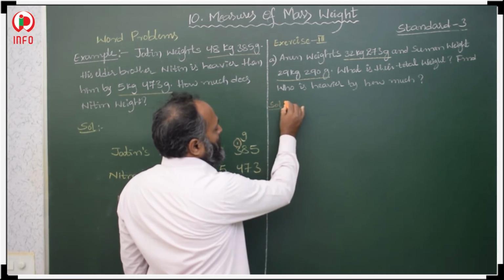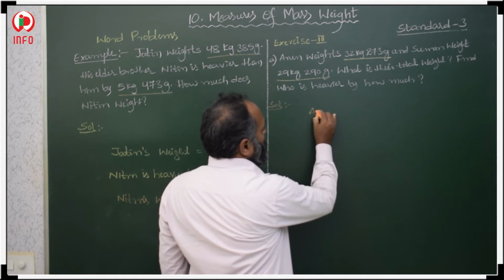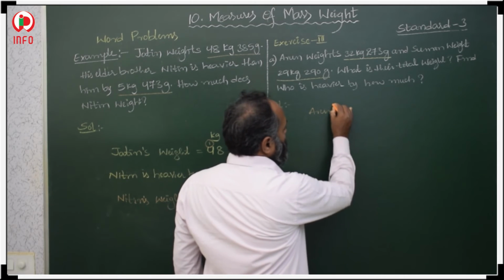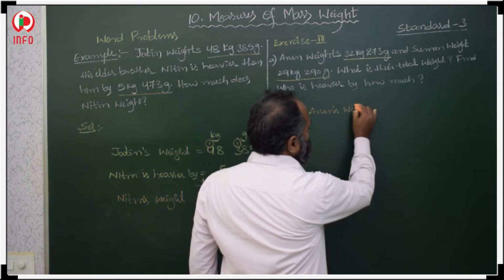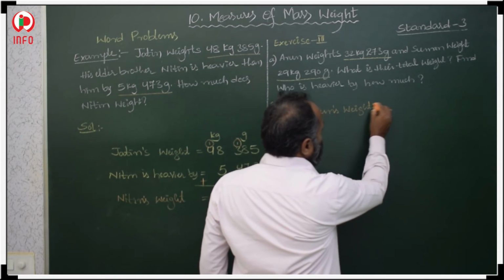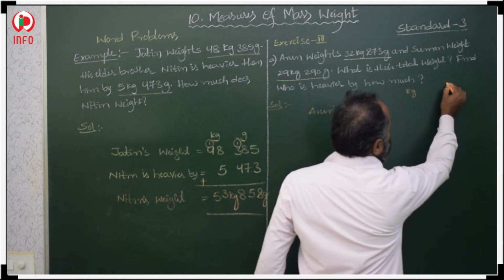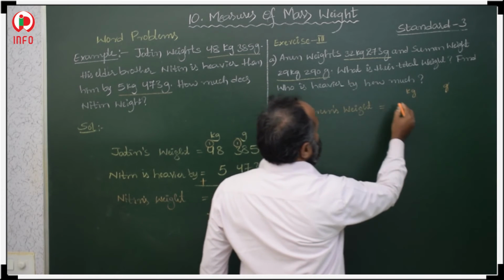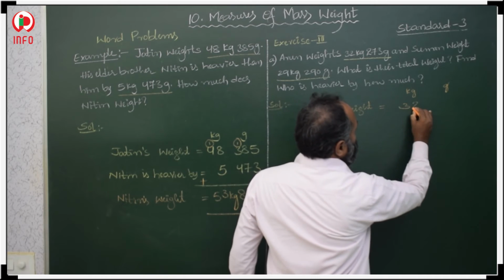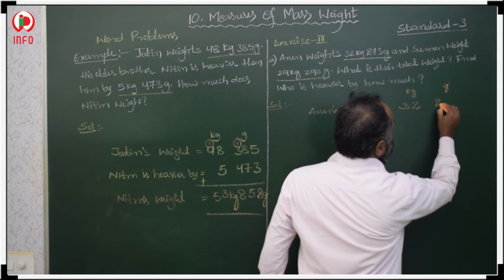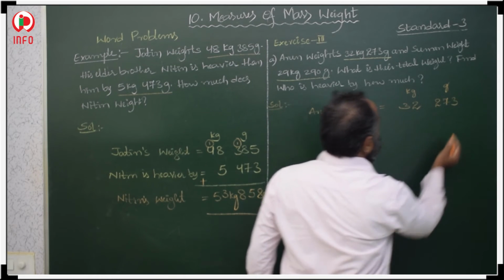So what is given first? Arun's weight. First here kgs, here grams. How many kgs? 32 kgs, 273 grams. Okay.